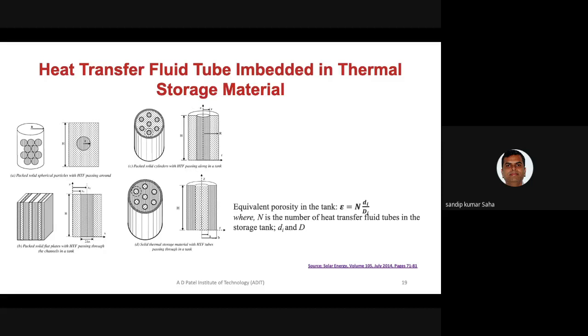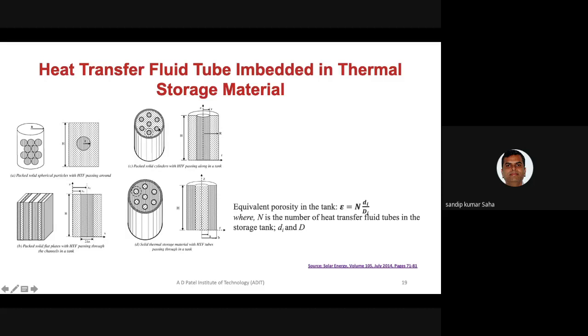So here the challenge is how we will select the numerical domain. Normally, if you have a multi-tube system, people take only one section, and then they imagine one imaginary circle around that tube, where you will assign zero conduction heat flux.